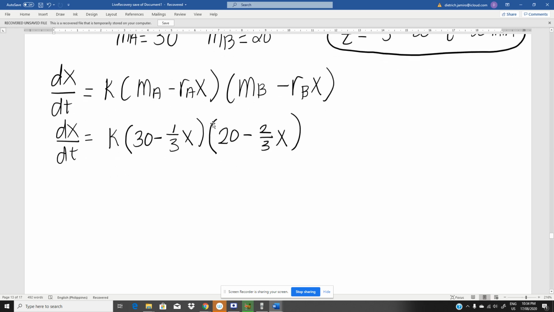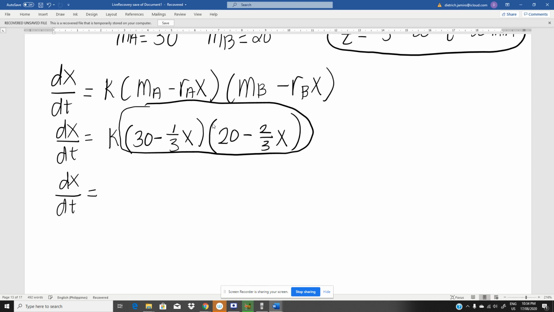So factoring negative 1/3 from these two terms, we will have dx over dt is equivalent to negative 1/3 k multiplied by (negative 90 plus x) quantity multiplied by (negative 60 plus 2x).